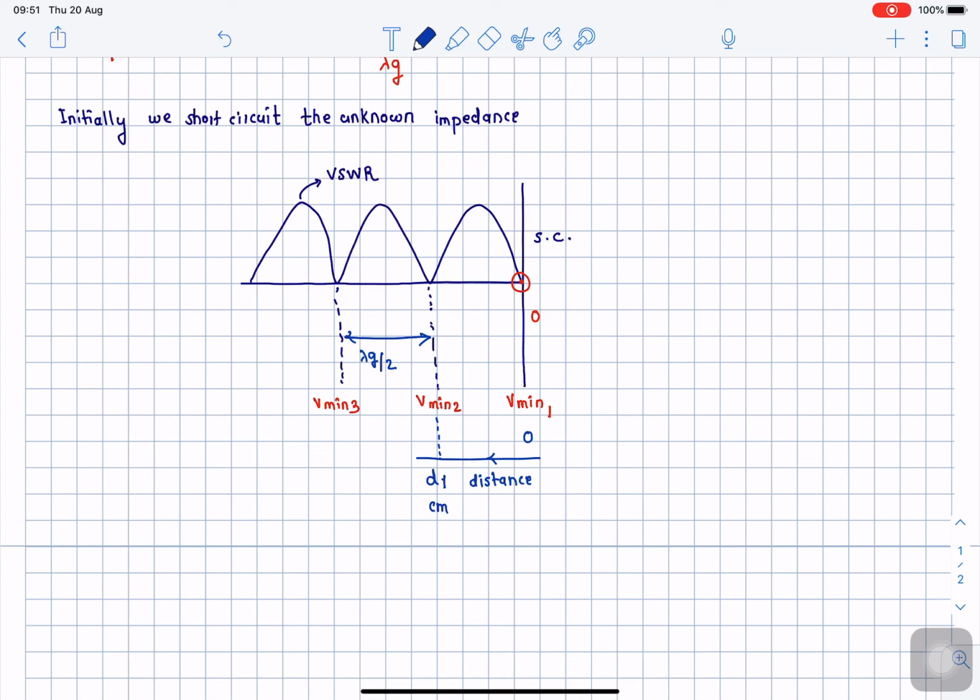Still moving on the left hand side continuously, at that time we will get another voltage minimum. The second voltage minimum we get, at that particular distance, we call that distance d2 in centimeters.